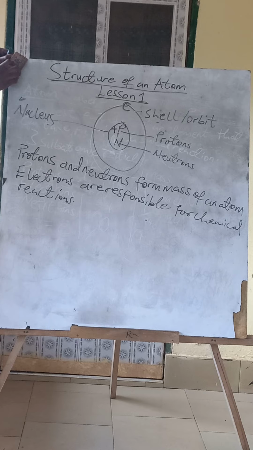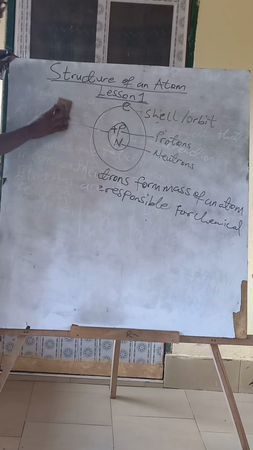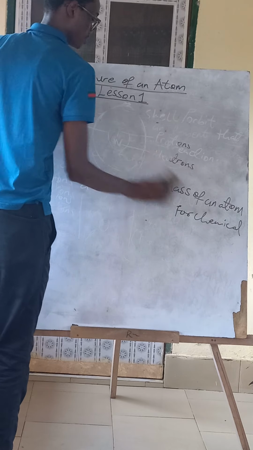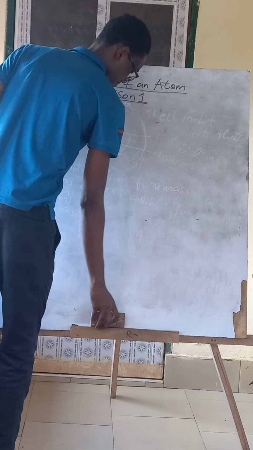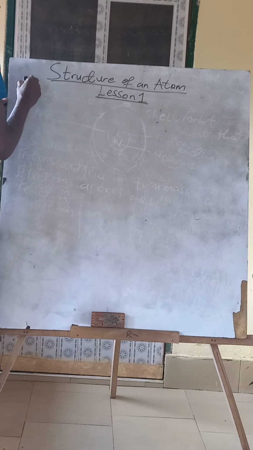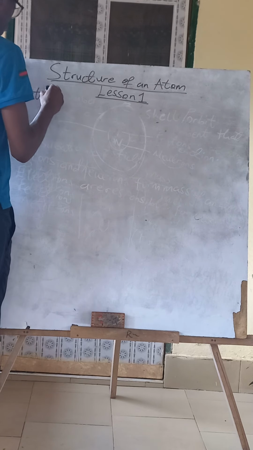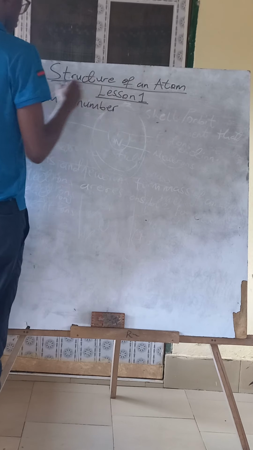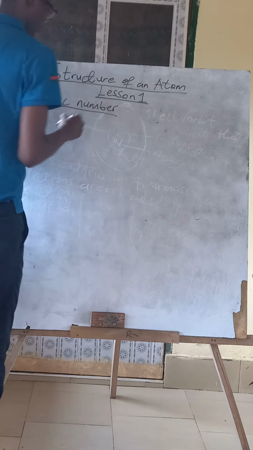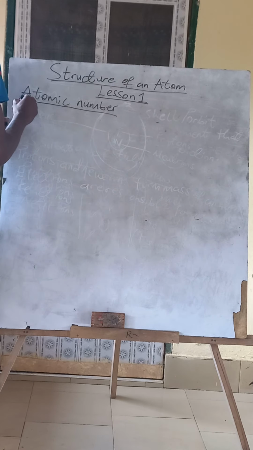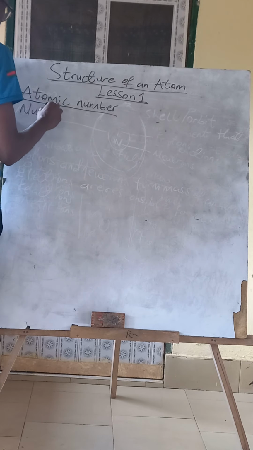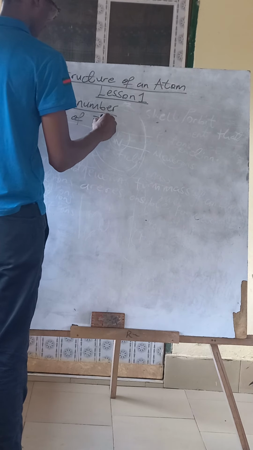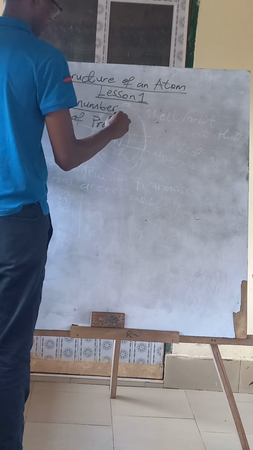So let us consider some terminologies. The first term is atomic number. Atomic number is the number of protons.